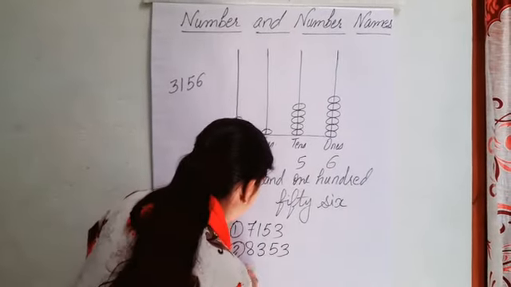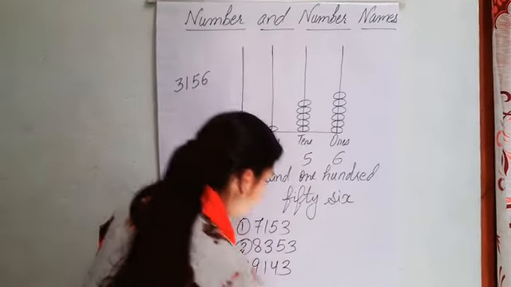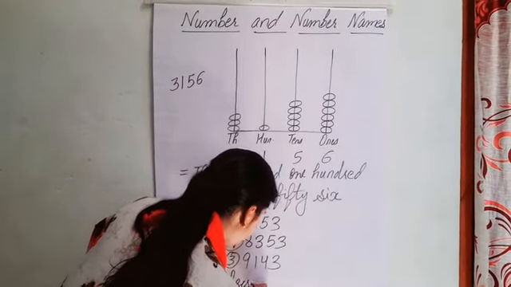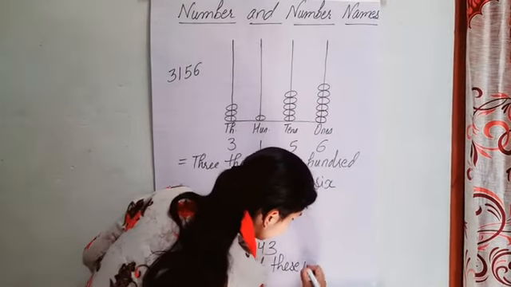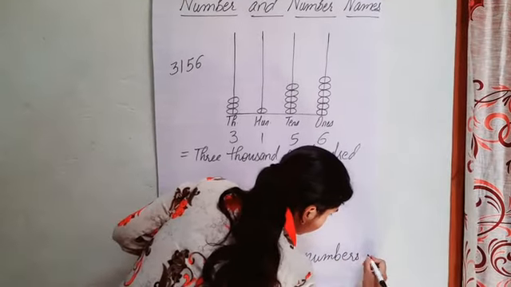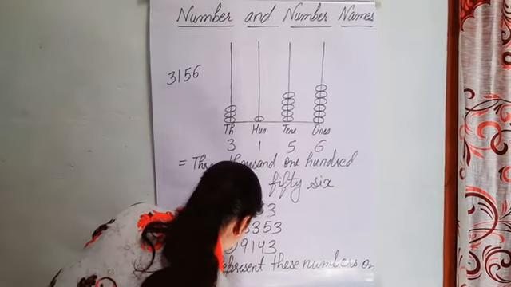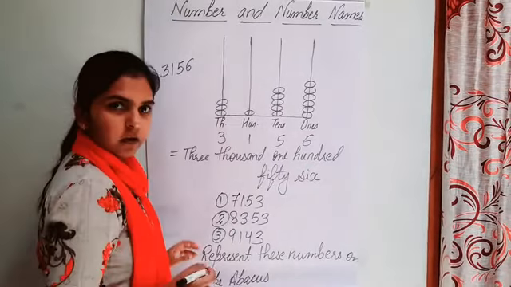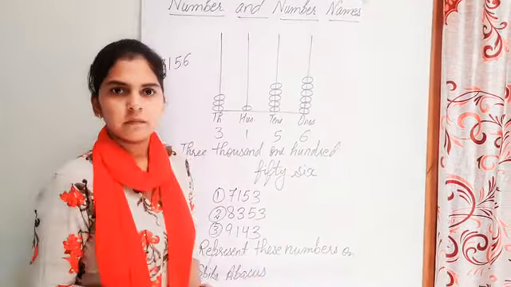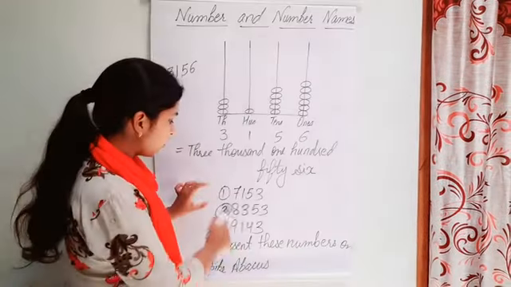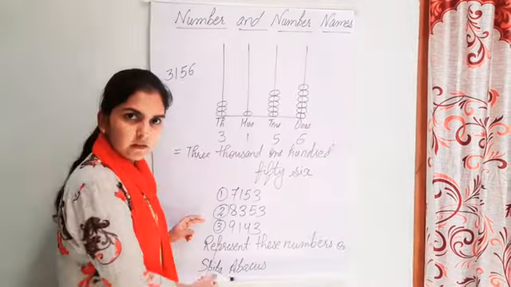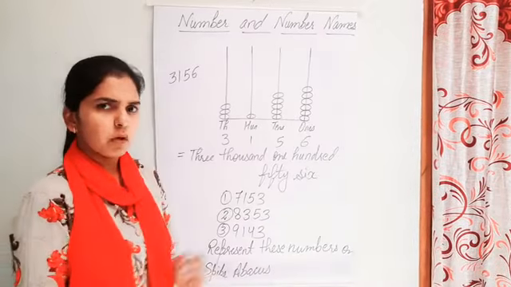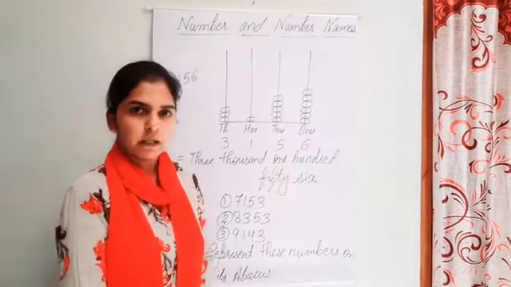Third number is, okay, you have to represent these numbers on spike abacus. Okay, students, now you represent these numbers on spike abacus. And now I am going to tell you one more number I am taking, and we will represent that on spike abacus. Okay?